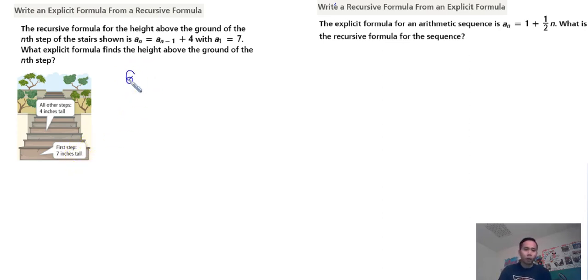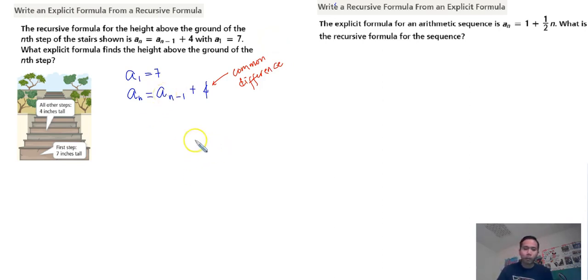So a1 is equal to 7, and a sub n is equal to a sub n minus 1 plus 4. Take note, the 4 here is the common difference.